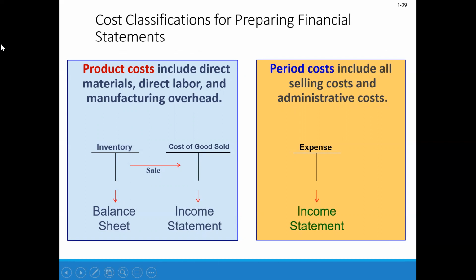Once the product is sold, it gets off of the balance sheet and goes on the income statement into cost of goods sold. Period costs include all selling and administrative costs. They automatically go straight to the income statement.